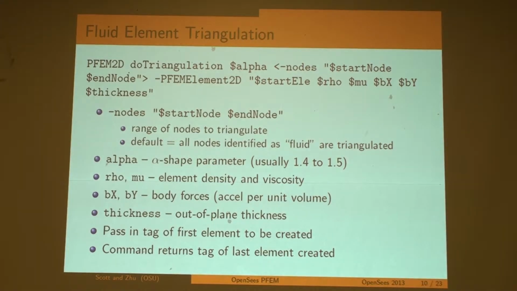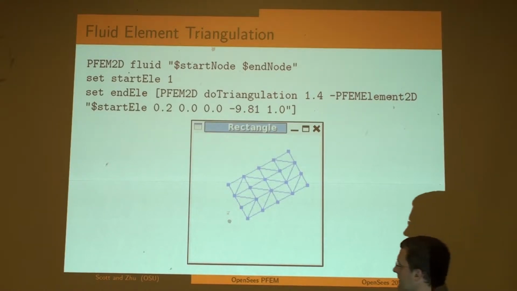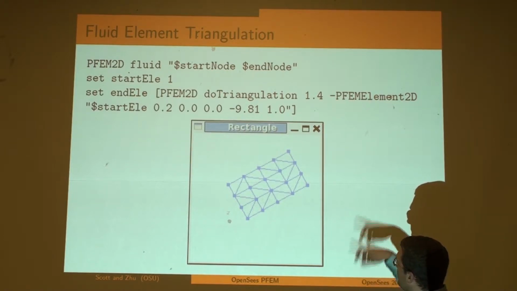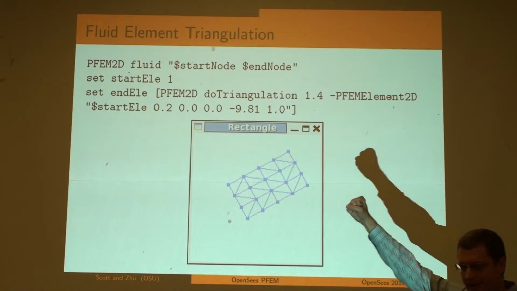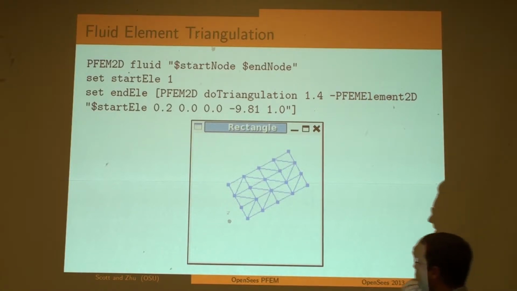Okay. So this is just basic triangulation that you have seen probably earlier today or yesterday. So for example, if we triangulated that region of particles that we just looked at, we could say PFEM2D, do triangulation. That 1.4 is the alpha shape parameter, which clips off particles that are too far from other particles, such that you don't have a particle here and a particle there that really shouldn't be connected, so it'll clip those out. Usually 1.4 is good enough to take as is.